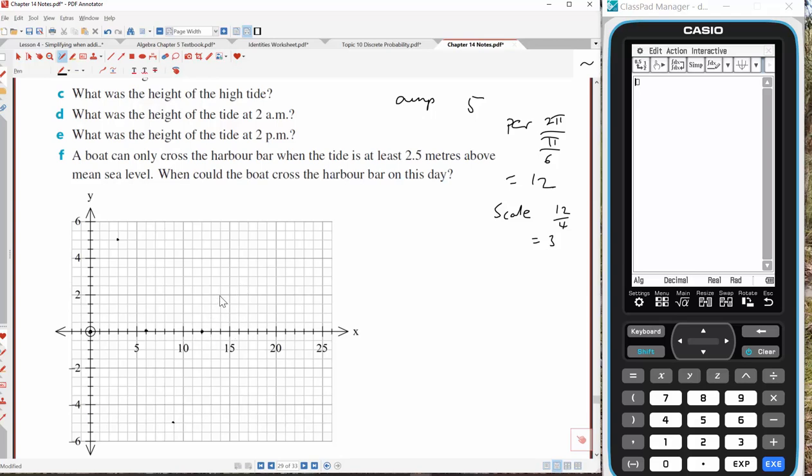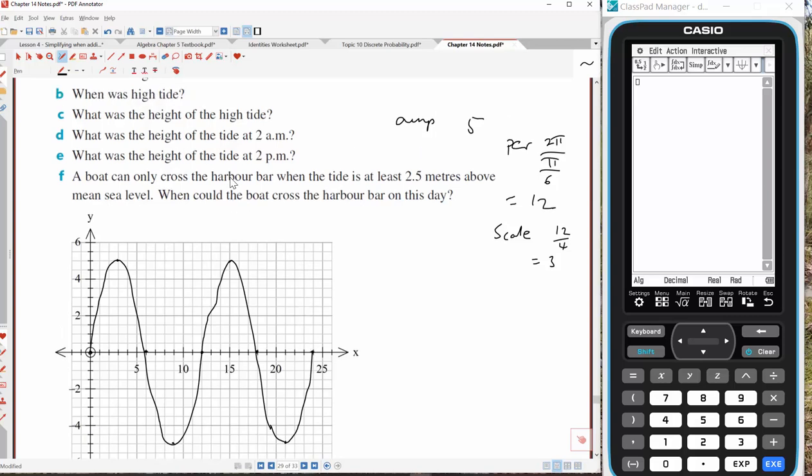So 15 is the max, 18 back down again, 21 is the min, 24 back to the mean line. Right, so there's our model.